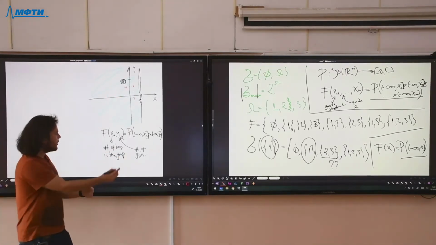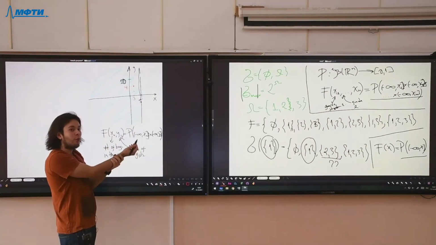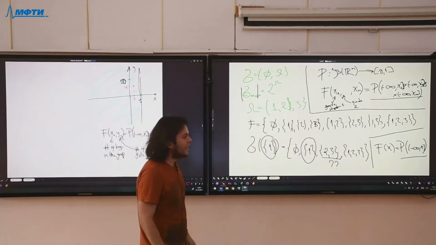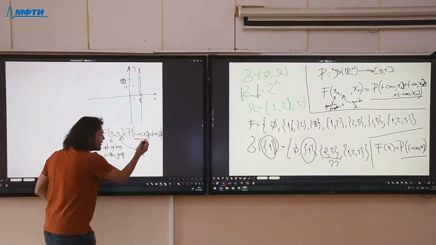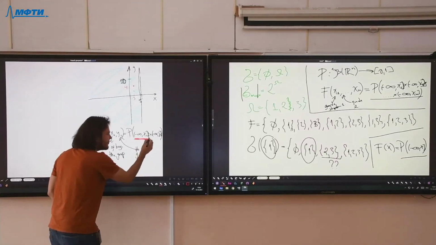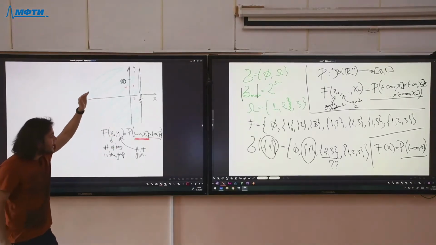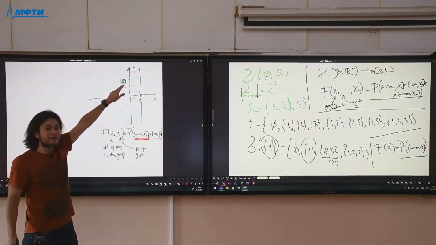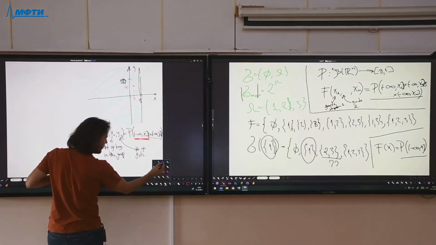Now, the probability from minus infinity to 5, in this case, is the probability that the number of boys in the group is at most 5. But this is not the only thing that we want. We want at the same time this. So we want to know the probability that both the number of boys is less than 5 and the number of girls is less than 10. So the less than 5 is this, and for 10 is, for example, this.